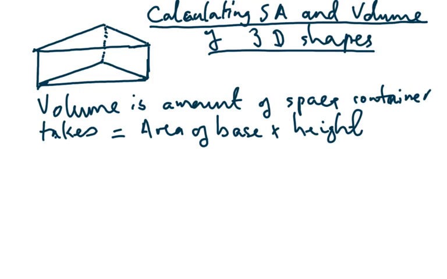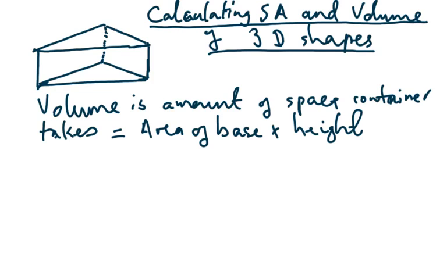And we do have definitions for this in terms of the actual formula. And the best way to look at it is to look at area of the base, which would be the flat two-dimensional surface, multiplied by the perpendicular height of the object or the three-dimensional shape that we're talking about.